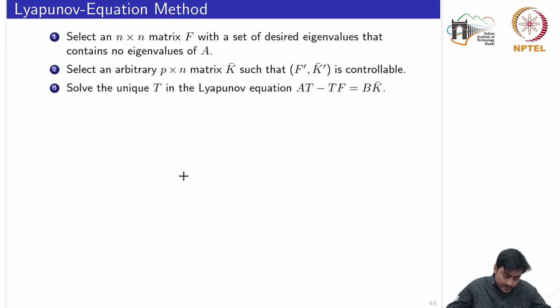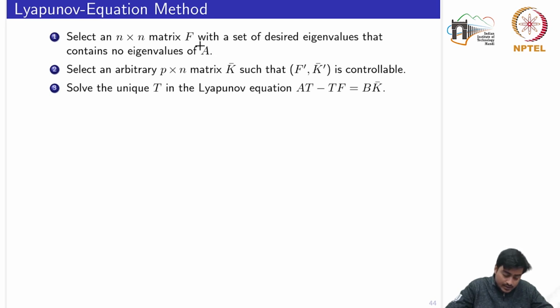Let's see the design of the gain matrix K. The first three steps remain almost similar. First of all we need to form matrix F, which is a square matrix of dimension n, which contains a set of desired eigenvalues, and at the same time it should not contain the eigenvalues of the original A matrix. We had discussed a number of forms for selecting a matrix F: one is the modal form and another is the companion form.